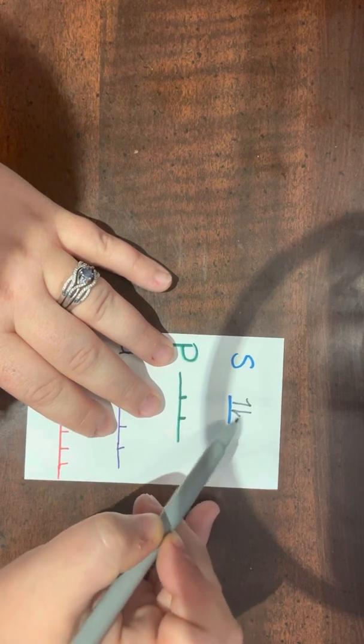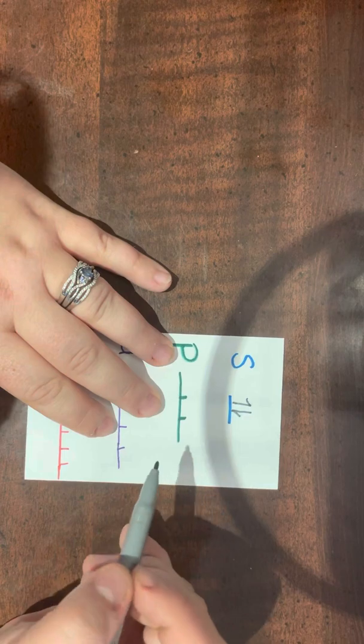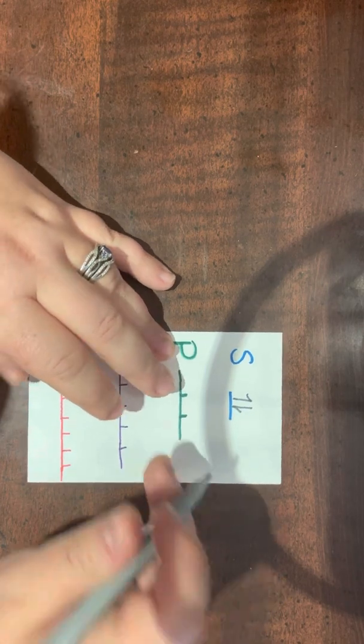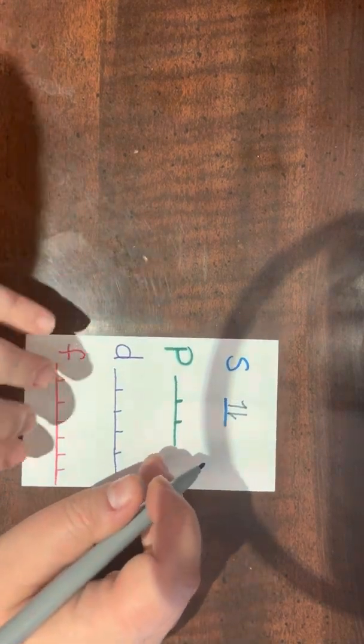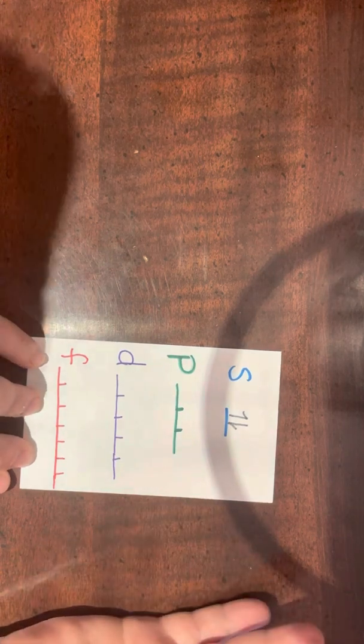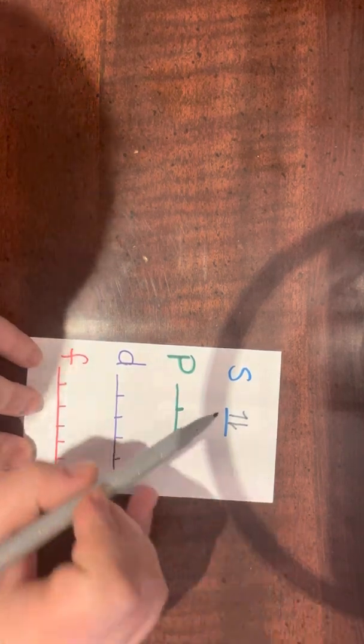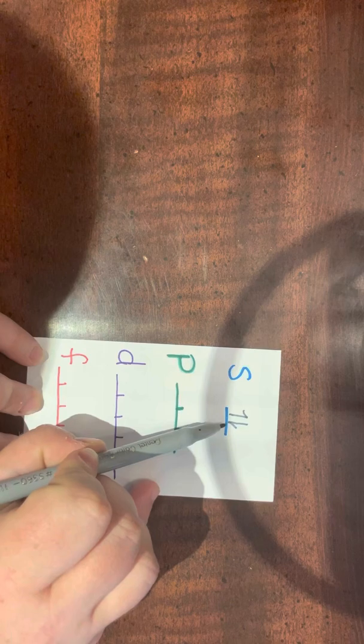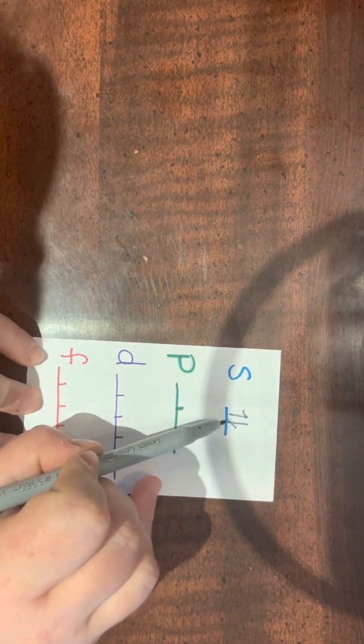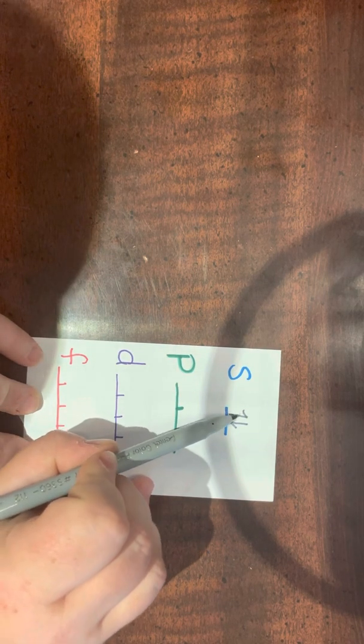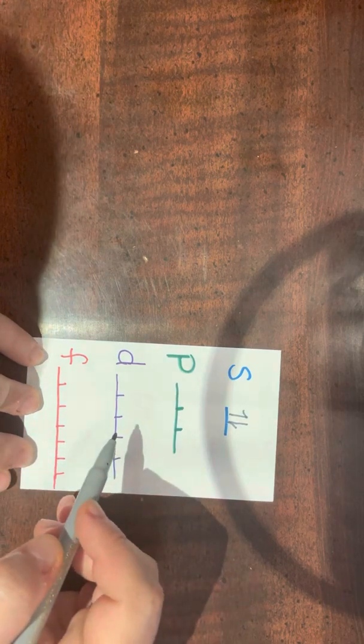Sometimes it's kind of a half arrow, only using one side of that arrowhead just to save time. Doesn't seem like too much, but when you're drawing thousands of arrows a day, every little bit helps. So the S sublevel has 1 orbital, and that orbital can hold 2 electrons, 1 up and 1 down.